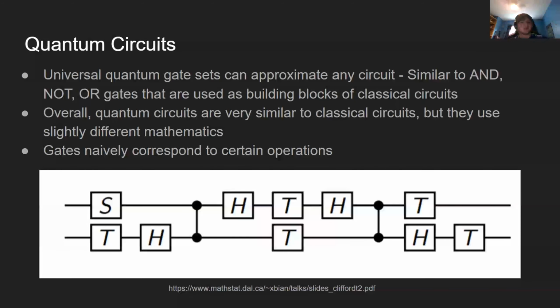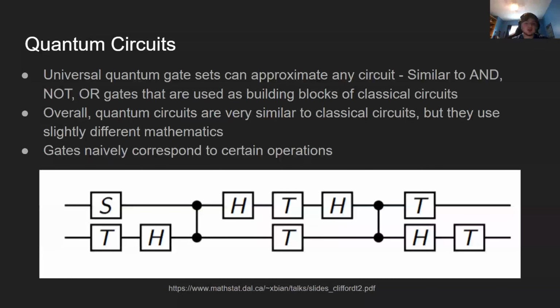There's just a little bit of different mathematics under the hood. And gates naively correspond to certain operations. There's something called an X gate, and the X gate is very similar to a NOT gate. It just works on qubits as opposed to classical bits. Below you can see an instance of a quantum circuit where the wires going horizontally correspond to qubits.